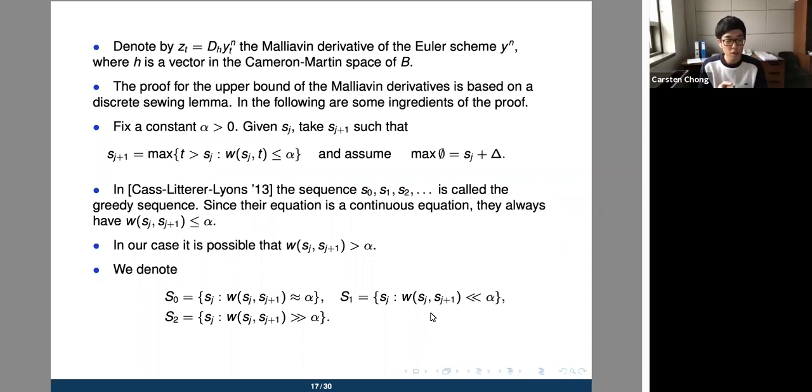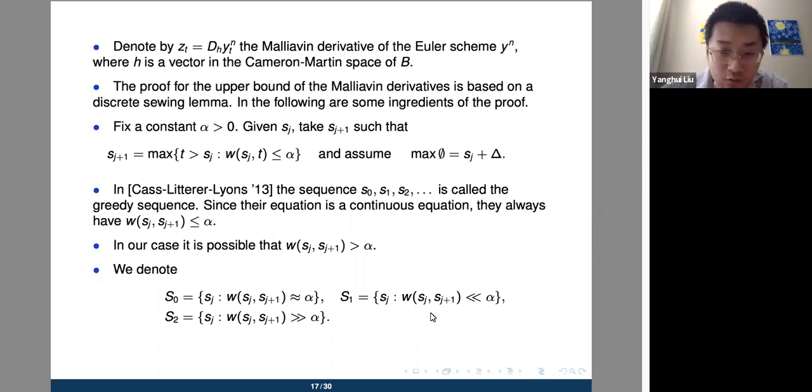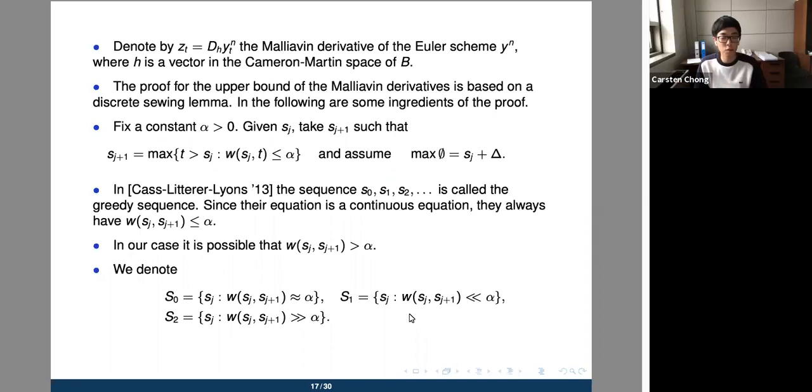But I think when you take the product, in the end you multiply the same thing. So my question is really, can you just take the union of S0 and S1? Why do you need two different groups?